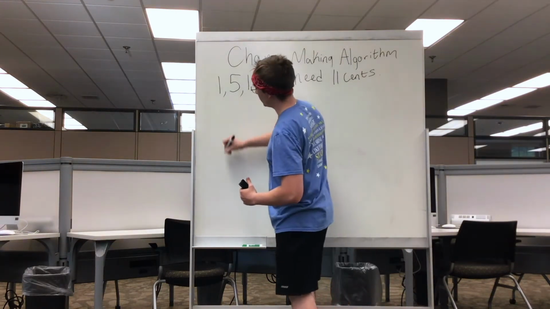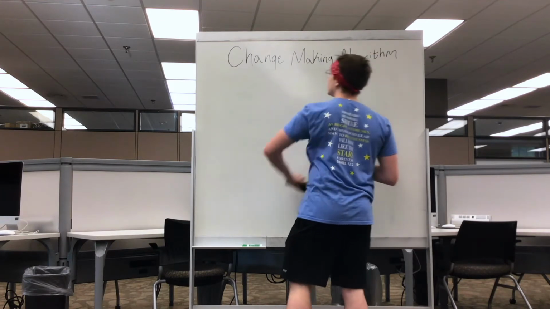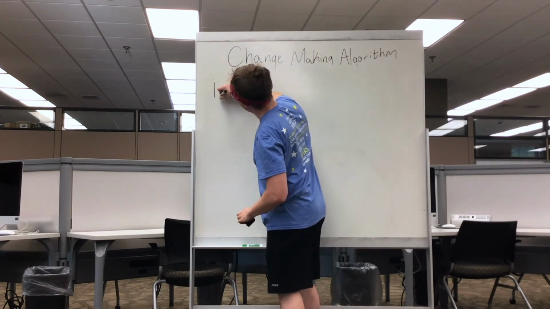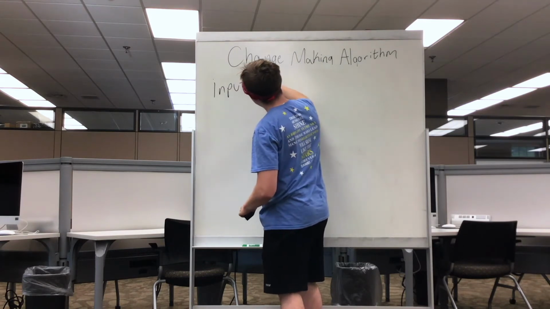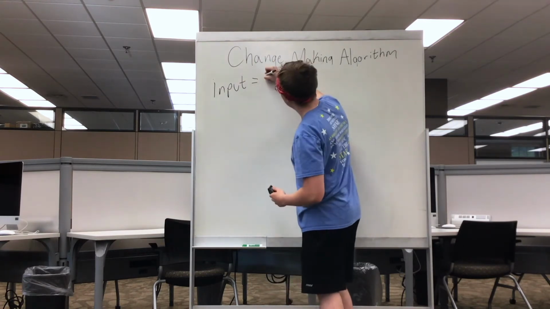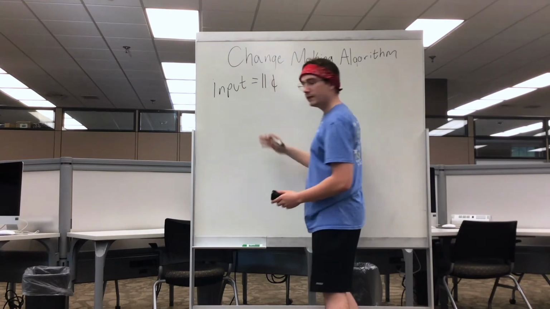So the first thing we're going to say is, what is our input? Our input is going to be equal to 11 for the cents, so 11 cents.